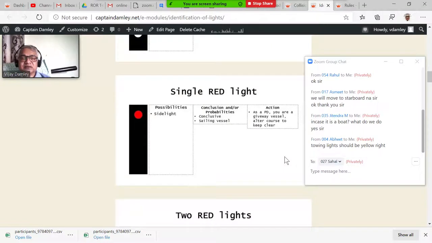Now, if you see one single red light, okay, sorry, I should wait. Any questions on those white lights? You realize what combinations are there with only white lights.